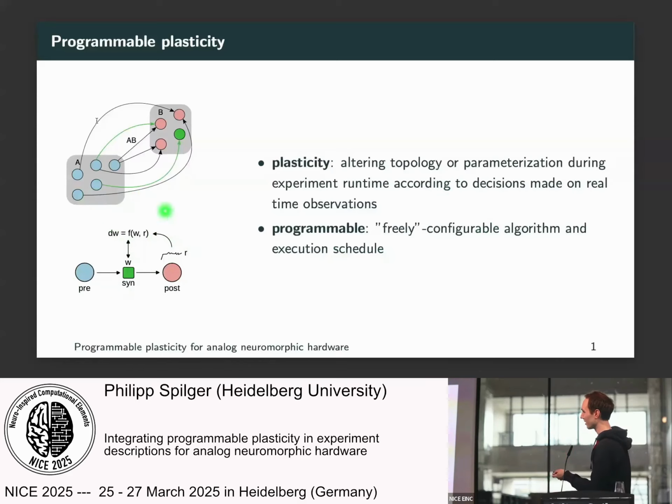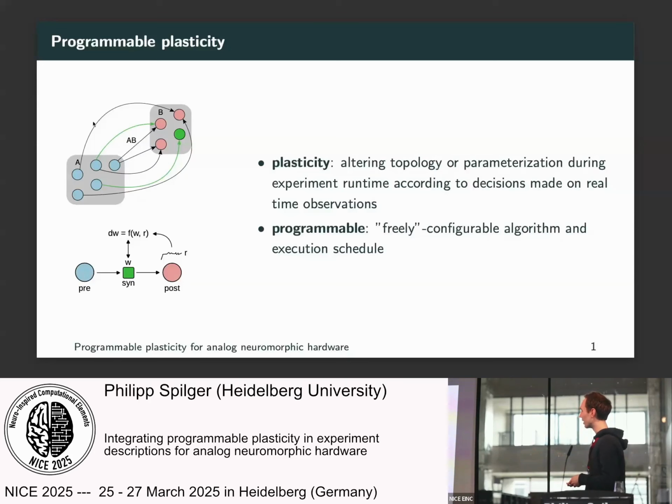In this case, the weight and the postsynaptic rate, but maybe also some correlation or other observables. And we also want this to be configurably executable, meaning we can select when we want this plasticity to be run and with what period, for example periodically.